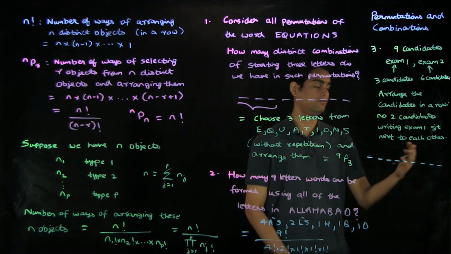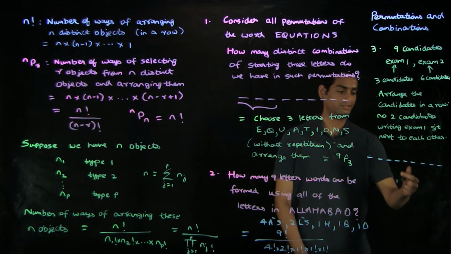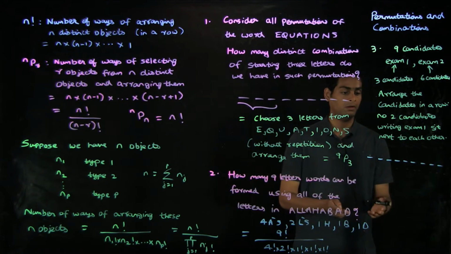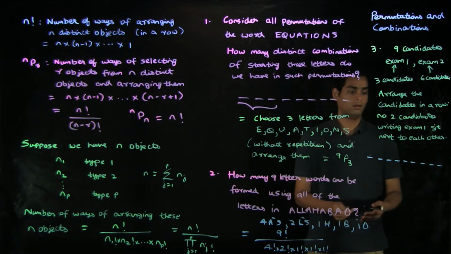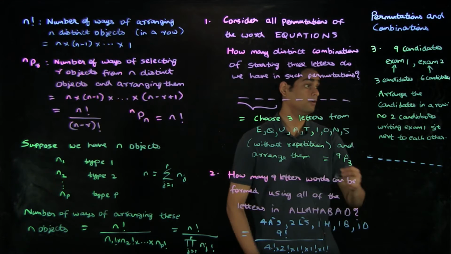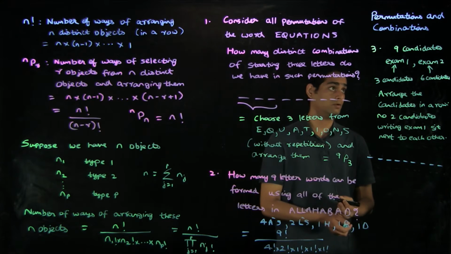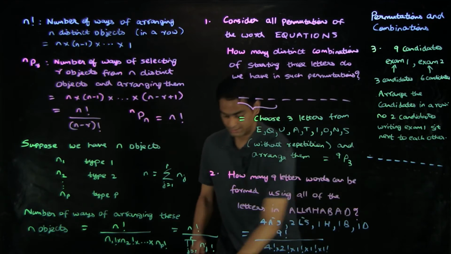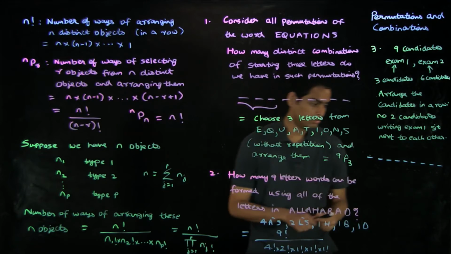Yeah, you can't just fill in the 6 candidates in these 9 positions directly because you have to keep track of the places you're not filling in. So instead, we could first arrange the 6 candidates who are writing exam 2 within themselves. So let's do that here.